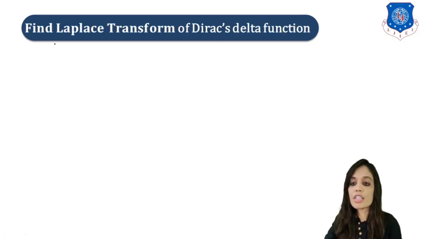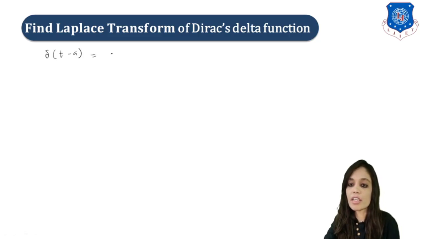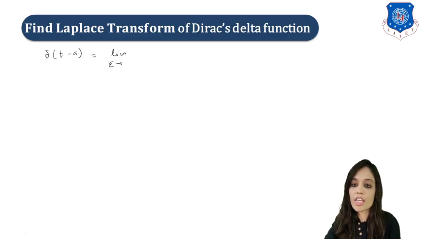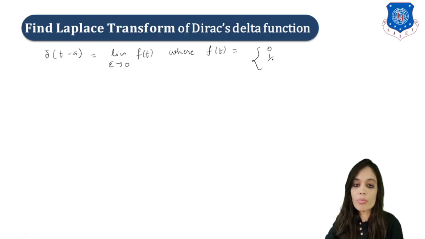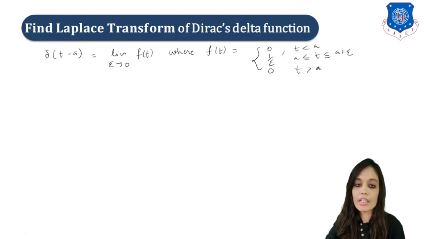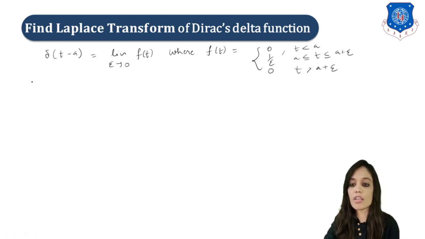Okay, so firstly let us write our Dirac delta function, that is delta t minus a, that is equals to limit epsilon tends to 0 f of t, right, where our f of t is equals to 0, 1 upon epsilon and 0, right? Here t less than a, less or equals to t, less or equals to a plus epsilon, and t greater than a plus epsilon.